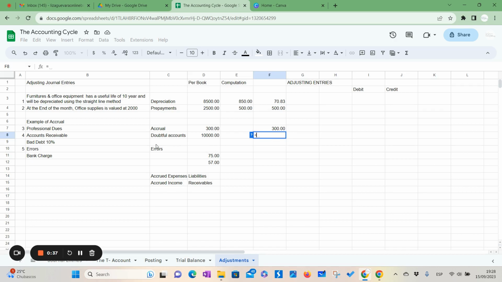So that would be 10,000 times 10%. That would be 1,000. And lastly, we have errors. For example, the bank charge should have been 75, but it is recorded at 57. So the difference will be recorded as an adjustment.